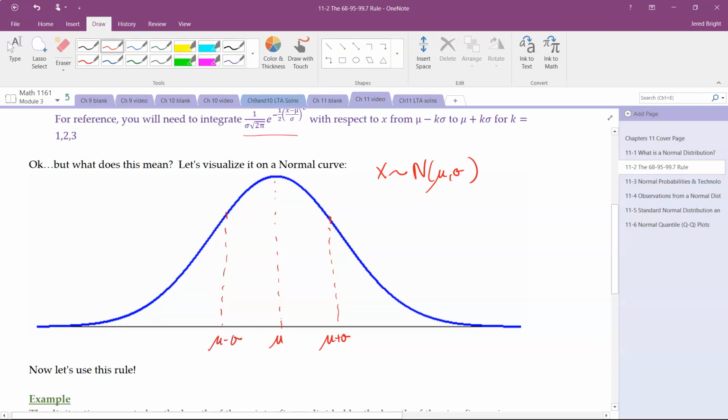So I'm now subtracting the standard deviation, whatever it might be, and then I'm just going to continue to go out in a symmetric manner. So here we go. I'm going to call this mu minus 2 sigma, and then down here, mu minus 3 sigma, and here mu plus 3 sigma.